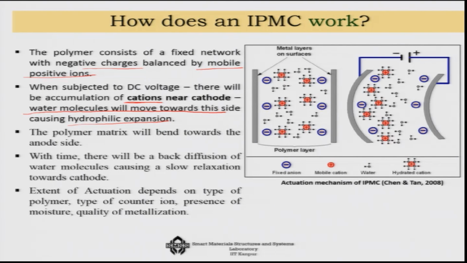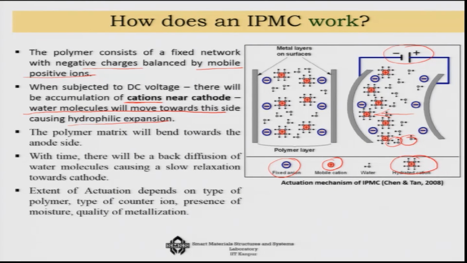As you can see here, as we have applied the voltage, there is a fixed network, and you can see the movement of all these water molecules, causing a hydrophilic expansion. The blue ones are all fixed anions, and these are the mobile cations, and you also have waters attached along with the mobile cations, forming the hydrated cations.